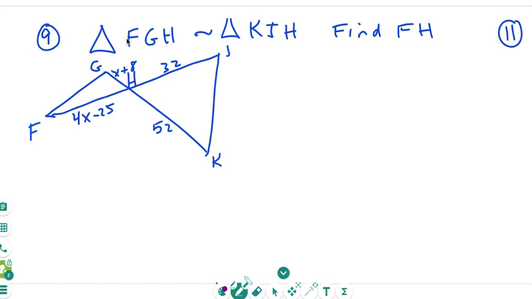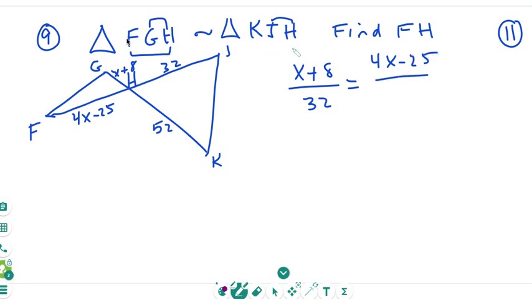So I'm going to use GH, which is going to be x plus 8, and that would be over JH, which is going to be 32. And then I want to find FH, which is 4x minus 25, and that would be in the same location as KH, which is 52.